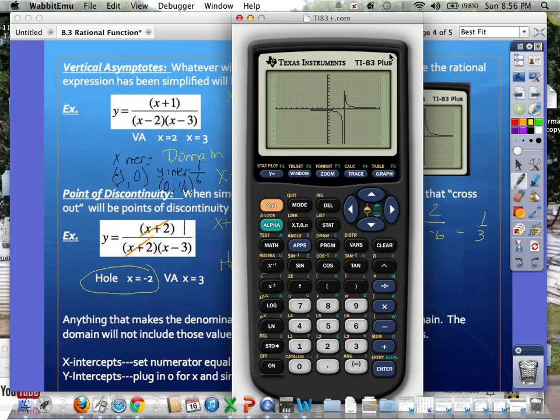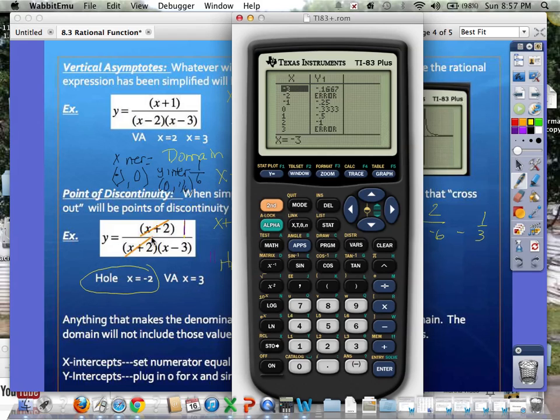So make sure you don't mess up and forget to do the simplified version of your graph. And let's look at the table so I can talk to you about it. See how it has an error at 3? That's your vertical asymptote because that's what made it 0 on the bottom. And then at negative 2, that's your error because that is a hole.